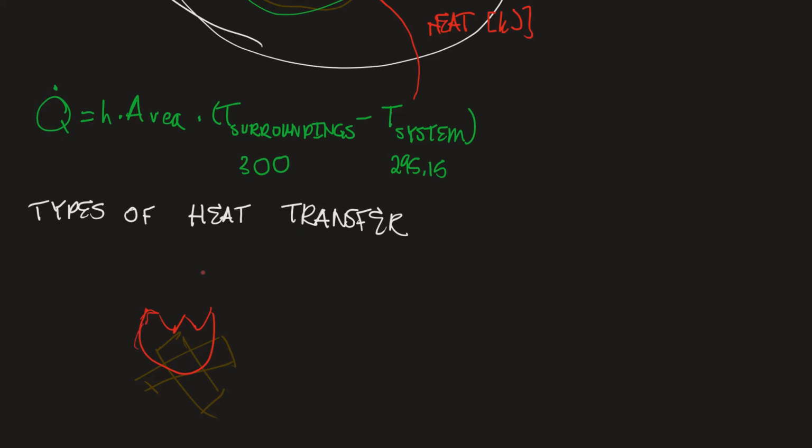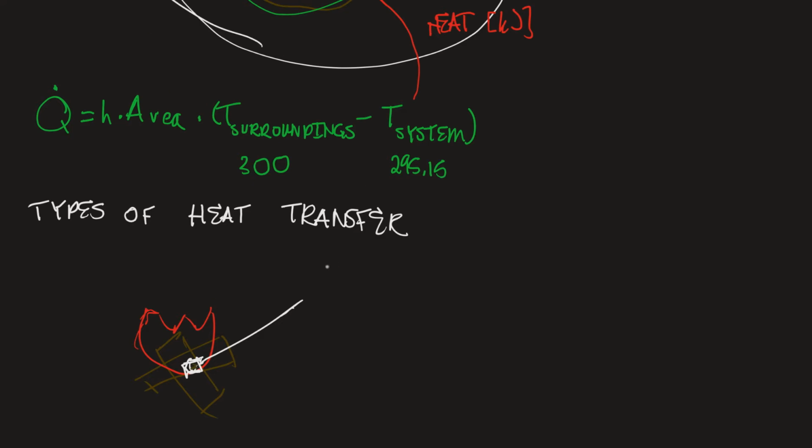There are three main types of heat transfer that we'll look at. The first one is conduction. So if we have some sort of metal bar, imagine we're trying to toast a marshmallow. So this is a little marshmallow at the end of a stick, and it's being toasted a little bit.